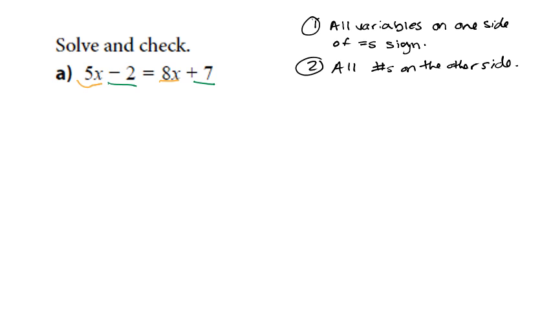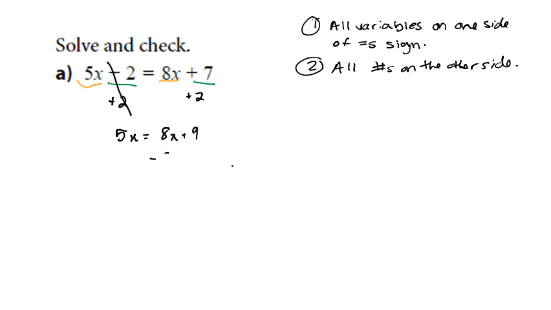So my first step is, let's get rid of this 2. So we're going to add 2 to both sides here. That will cancel this out, and I'll be left with 5x is equal to 8x plus 9. My next step is, I've got my numbers all on one side, but I need to get my variables on one side.